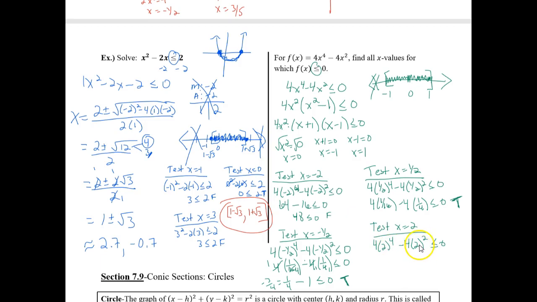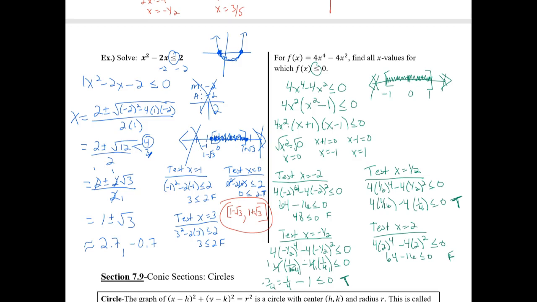So these are going to end up being the same values. I'll have 16 times 4, which is 64, and 4 times 4, which is 16, and I'll end up with 48, and that will also be false. 48 is not less than or equal to 0. So this last region doesn't work.